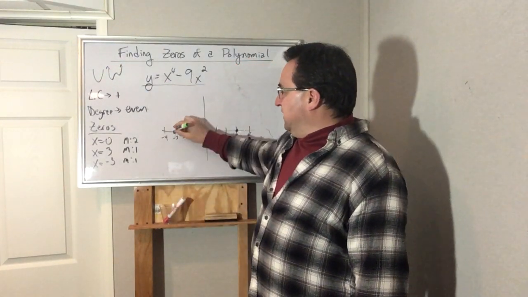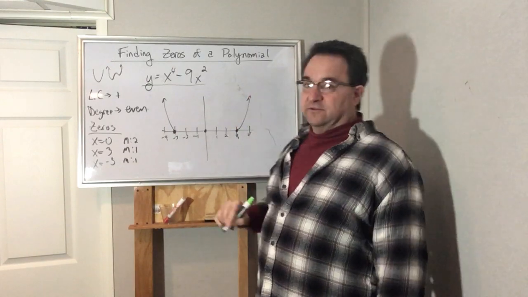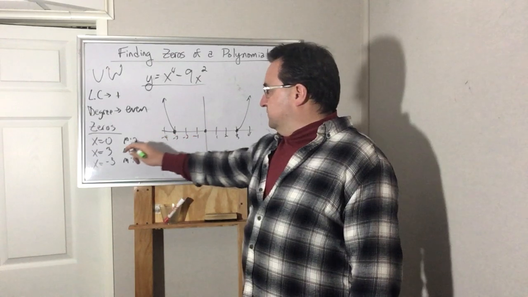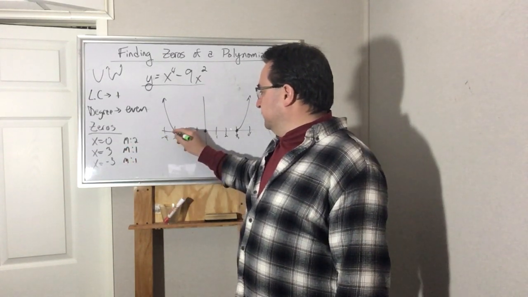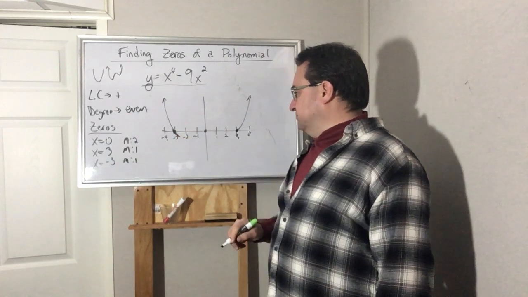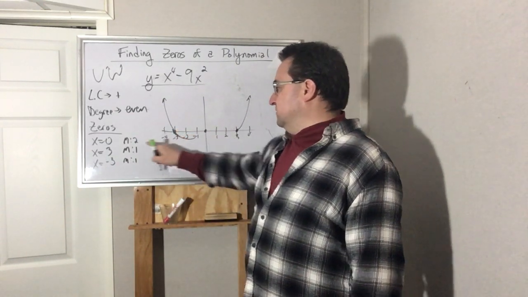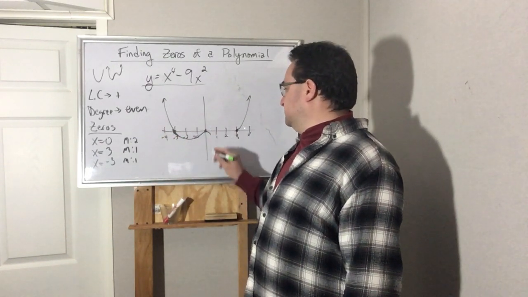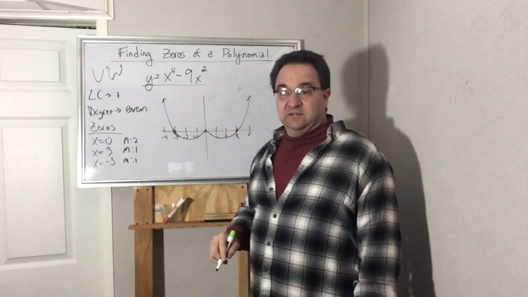So I know I have to go high on the left and high on the right. For the minus 3, it's going to go through because it's got an odd multiplicity. And I have to loop back up to hit this 0. That one's going to bounce because it's got an even multiplicity. And then I go through because that's got an odd. So I get that W shape.